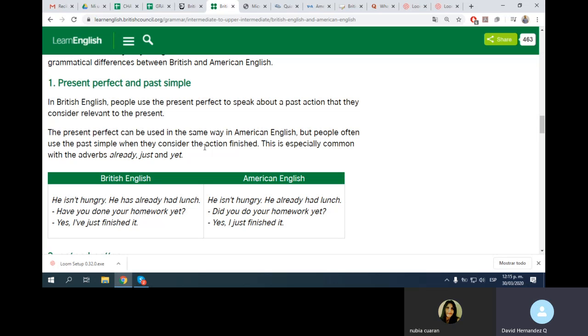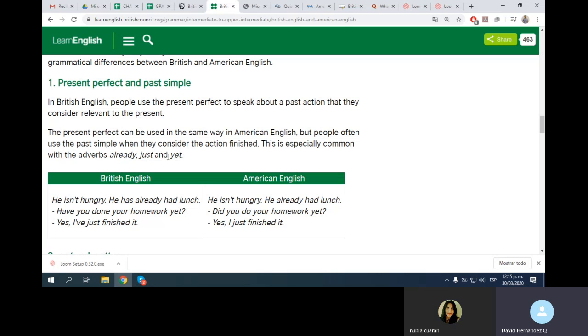Ese es el presente perfecto. En cambio, los americanos dirían I didn't study, I didn't eat. ¿Listo? Sobre todo para utilizar adverbios como already, just, and yet.